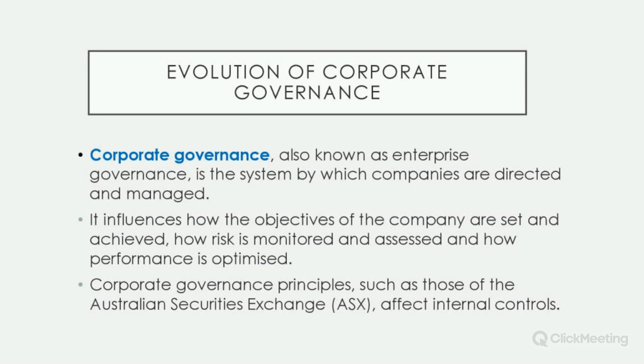So your cash in the business is susceptible to theft. What it means is you do not have certain strict policies, procedures, or controls over your business that will avoid that fraudulent transaction from taking place. Hence, this is what corporate governance is about. It's the system by which companies are directed and managed.